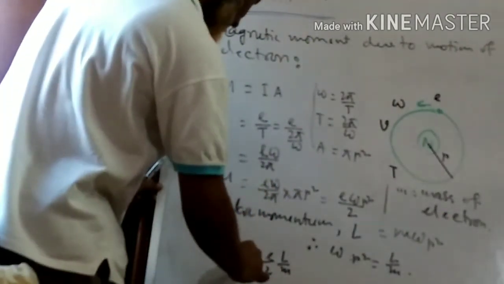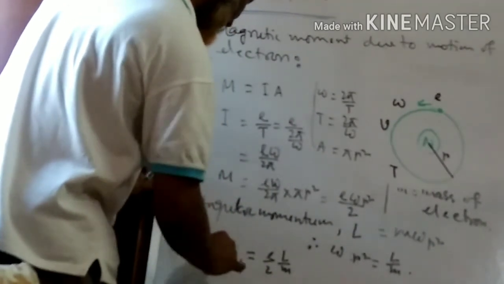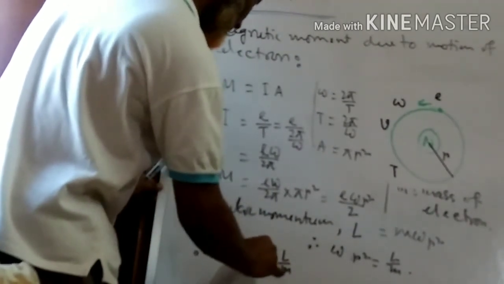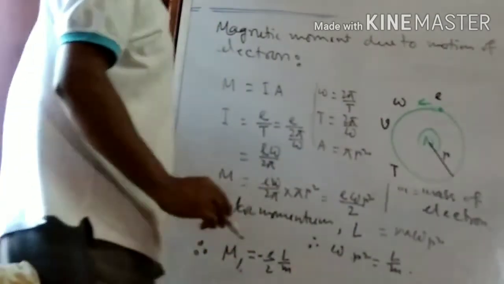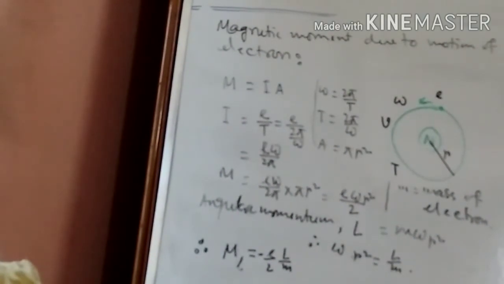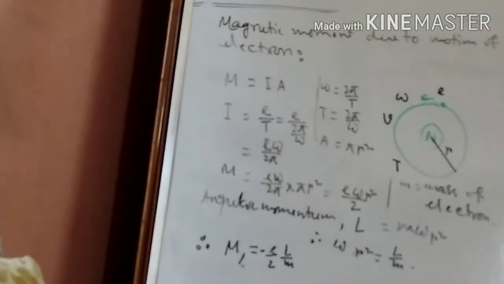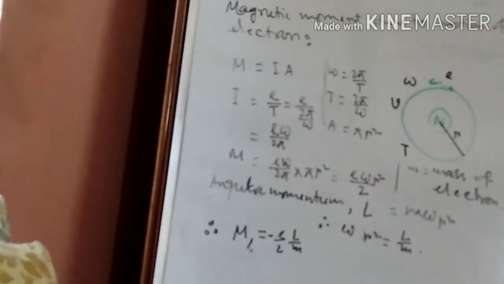That's why the magnetic moment ML equals minus E L by twice M. This is the angular magnetic moment of the electron.